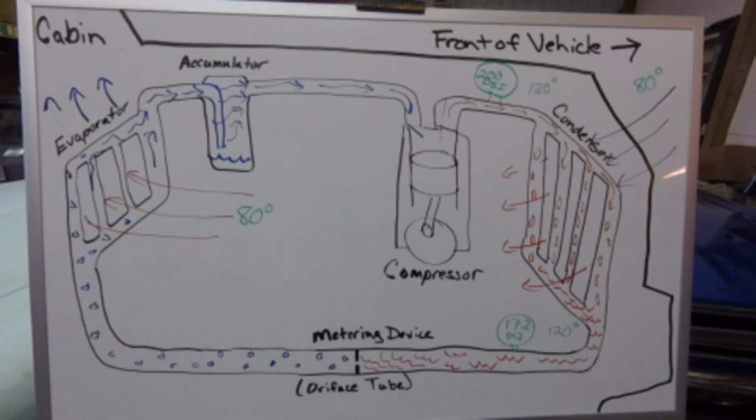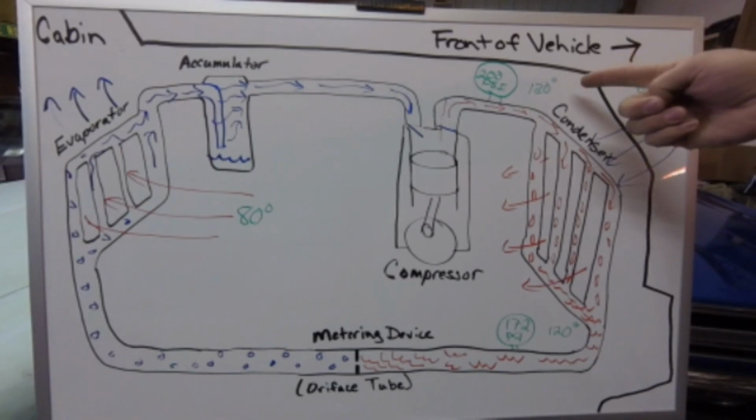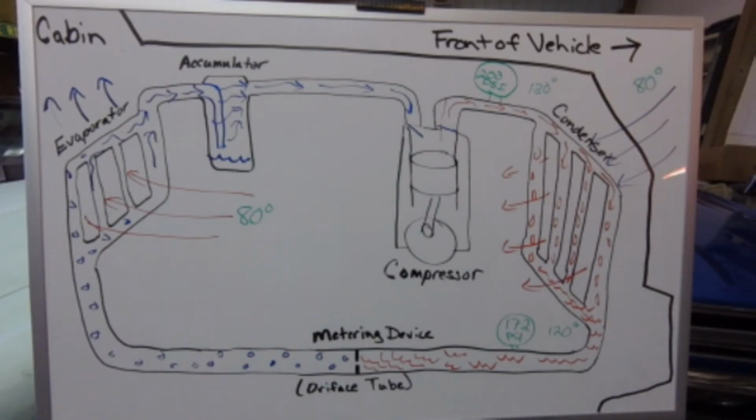We still may transfer some of the heat energy from the liquid high pressure, high temperature to the air as well. And so we may see a drop of maybe 10 degrees across the condenser, but we still are at a relatively high pressure and a relatively high temperature compared to the ambient air temp.